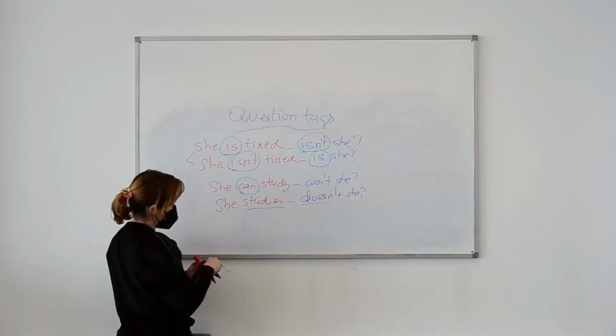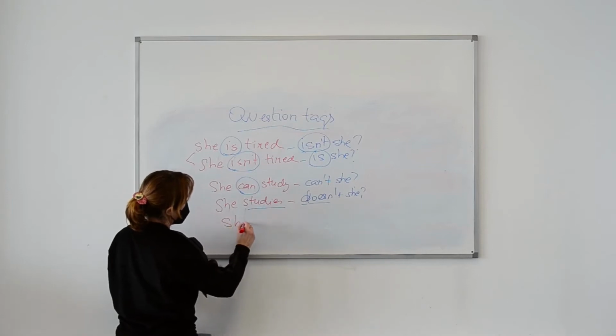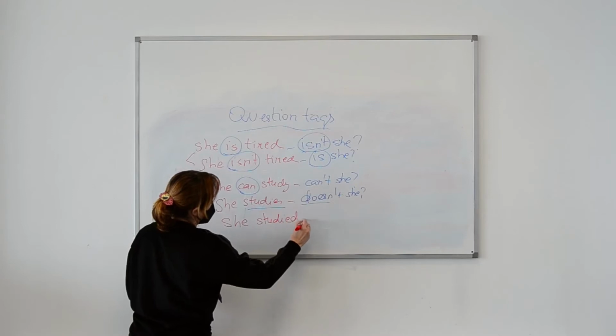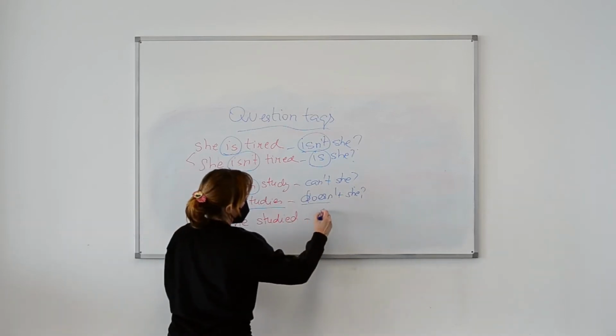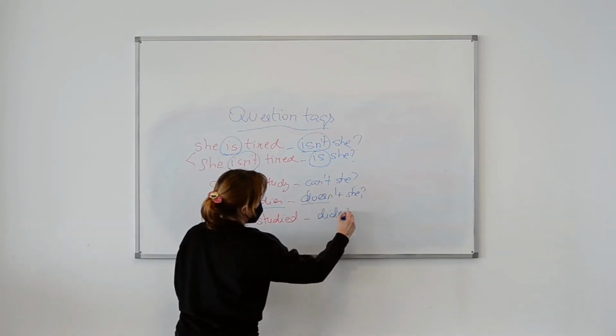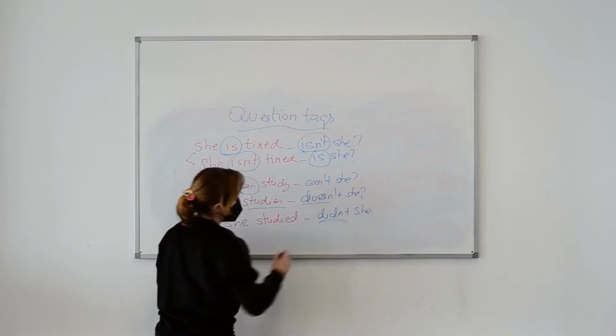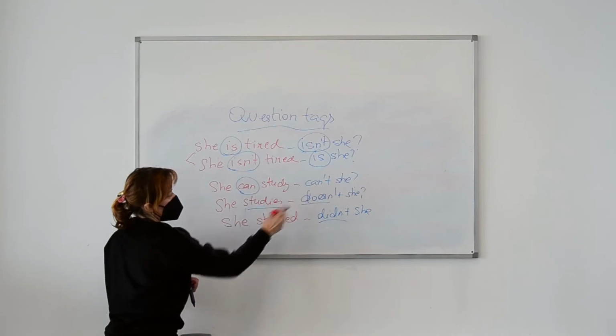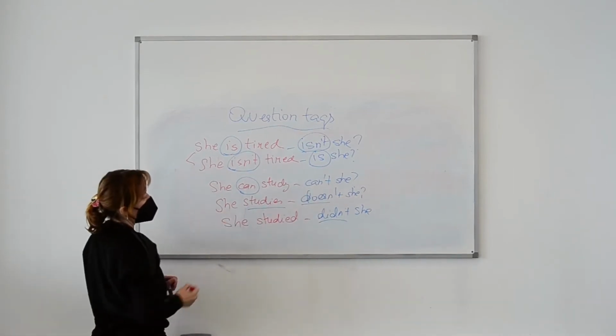If it's a past sentence, we use a past auxiliary. She studied, didn't she? In this case, we use a past auxiliary. Always the same. The modal verb, we use the same modal verb. The auxiliary, we use the auxiliary.